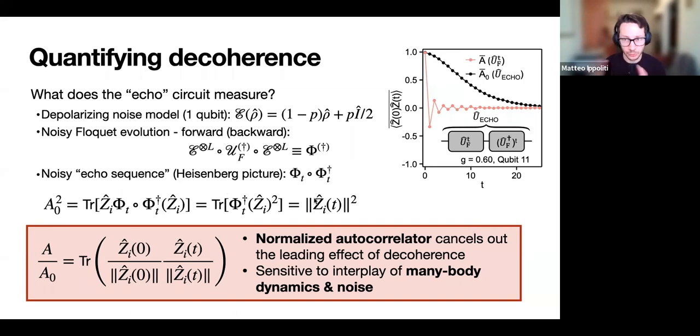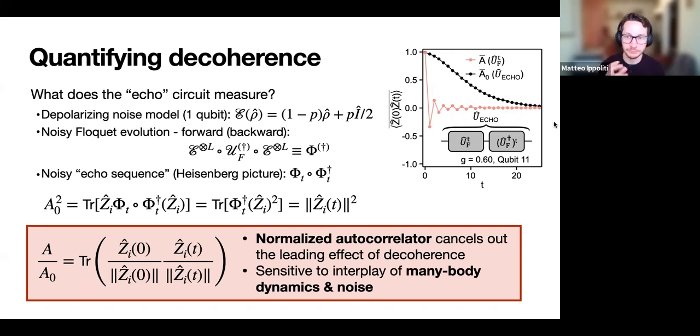And we arrive at this conclusion, which is that the quantity A0 that we measure, this black curve that measures the effect of decoherence, is in fact equal to the 2 norm of the Heisenberg picture operator sigma Z at qubit i, evolved to time t. So this is a quantity which would be constant under unitary evolution, but in the presence of decoherence, it actually decays over time, as shown here.